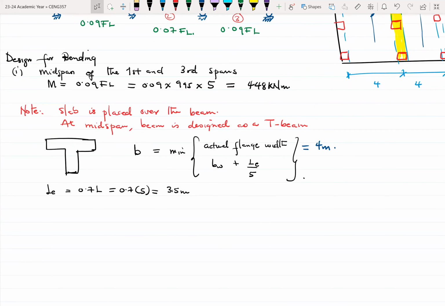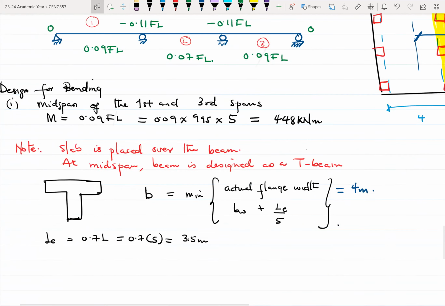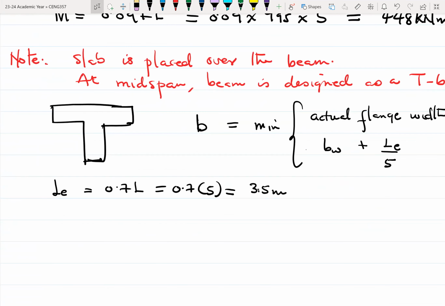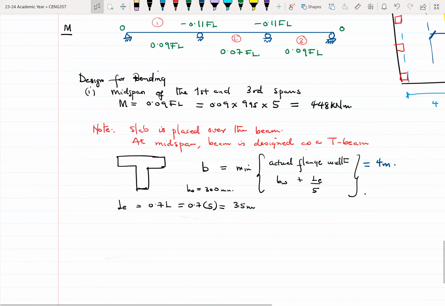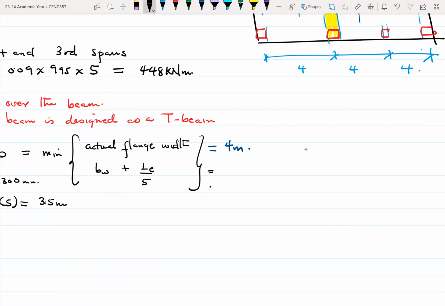Now, let's look at BW. BW was given to us as the width of the beam, which is 300 millimeters. So BW is 300 millimeters. So our B here will be equal to, let me change everything into millimeters, so this is 4,000 millimeters.